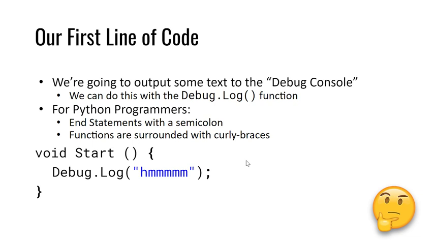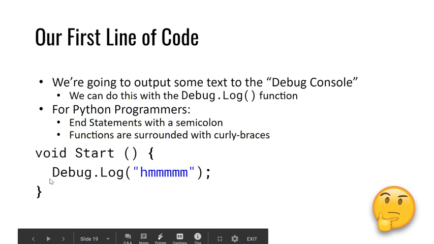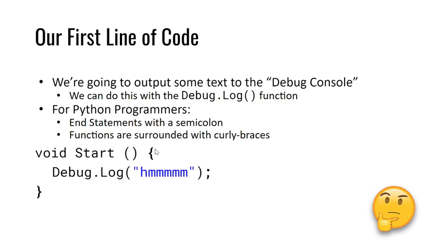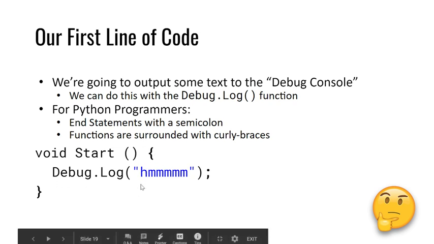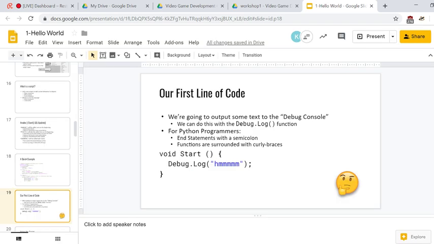So we're going to output some text to the debug console. So in start, we're going to put debug.log and then parentheses and then in quotations, unlike Python, every single statement has to end in a semicolon, and instead of having a colon with indentation, we're using curly braces instead.